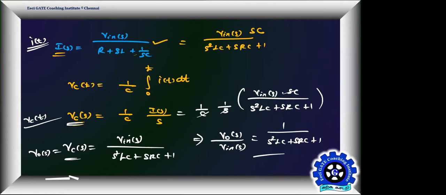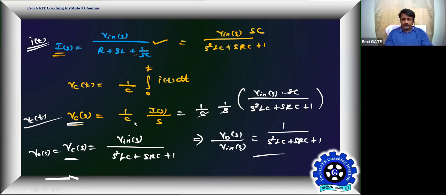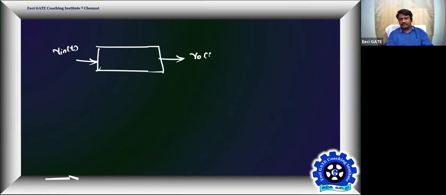Yes, sir. So now you can have a system perspective. You have the input voltage to this RLC circuit that is modeled as a second order transfer function. Its output is Vo of t. So the system is 1 by S square LC plus SRC plus 1.